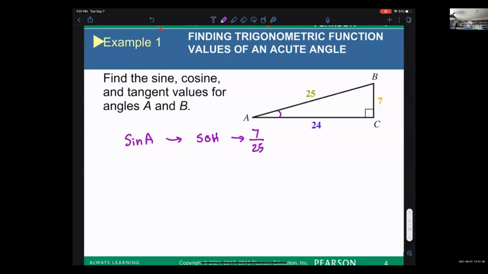So the sine of angle A in this right triangle will end up being 7/25. If you have a right triangle and you know the three sides, then you can get the sine, cosine, tangent, or all of their reciprocals of any of the angles in the triangle, just on the basic definitions of the values of these functions. Questions about this first part of the example?